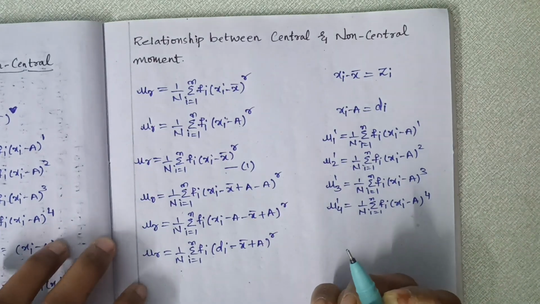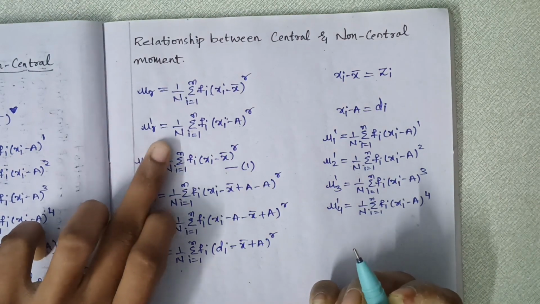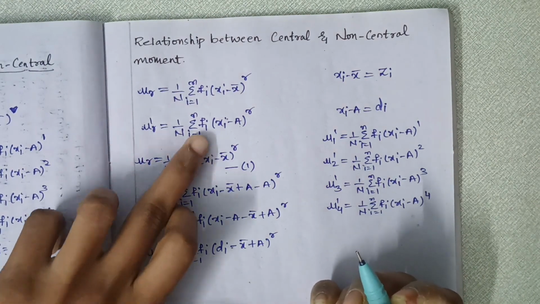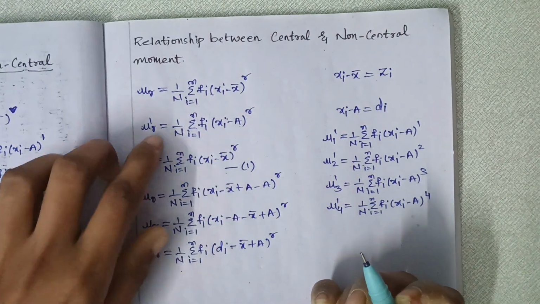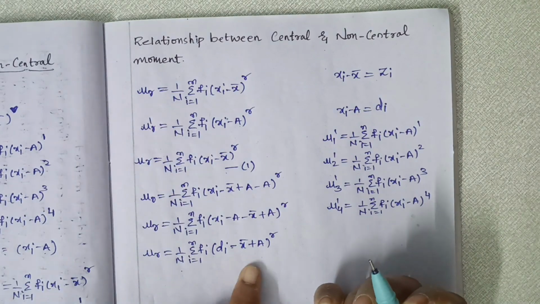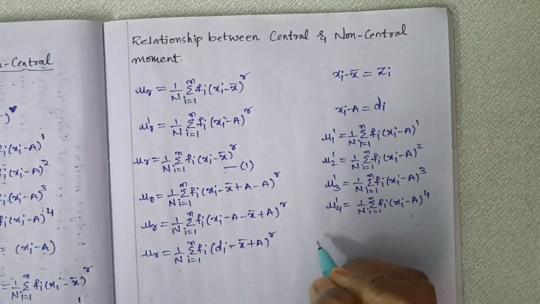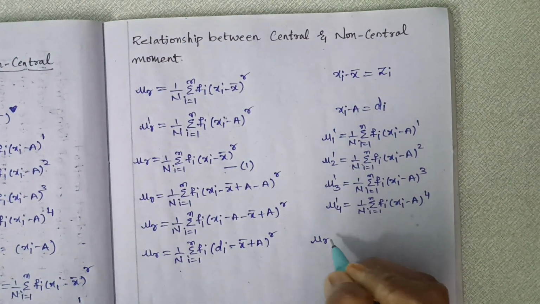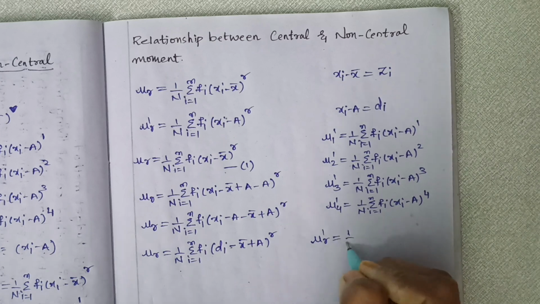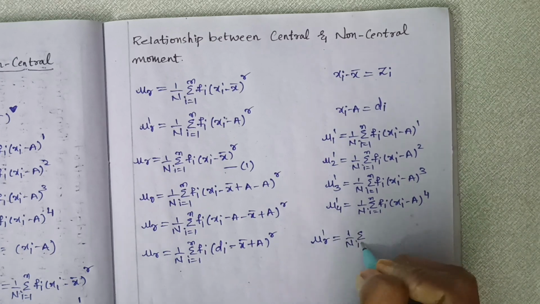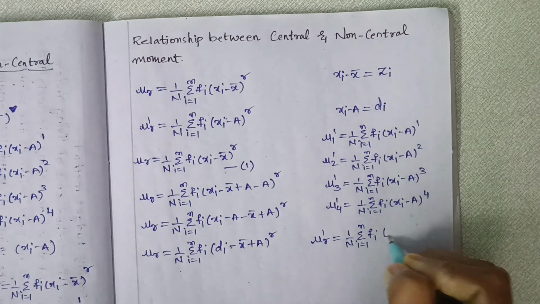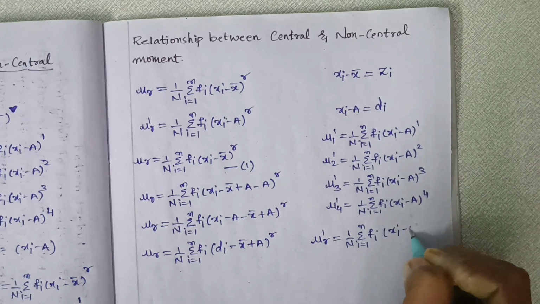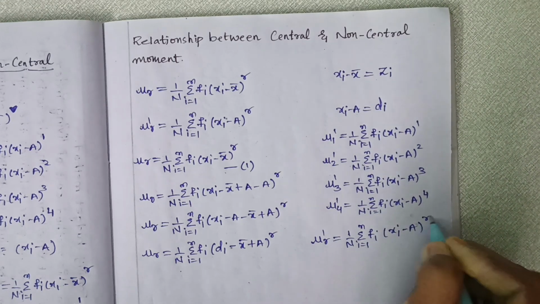So you know the formula, right? Mu r dash is equal to 1 by n summation i equals 1 to n. From this we will extract minus x bar plus a. Mu r dash is equal to 1 by n summation i equals 1 to n fi into (xi minus a) whole to the power of r.